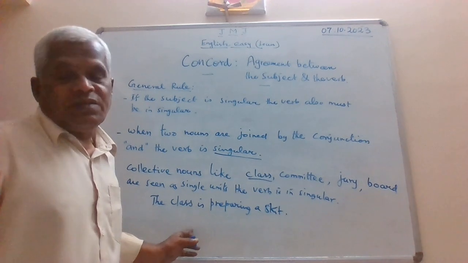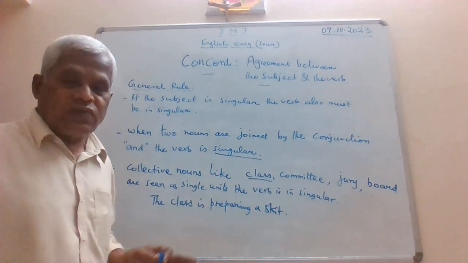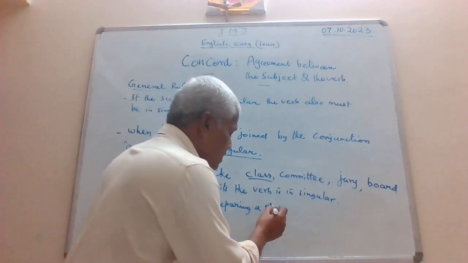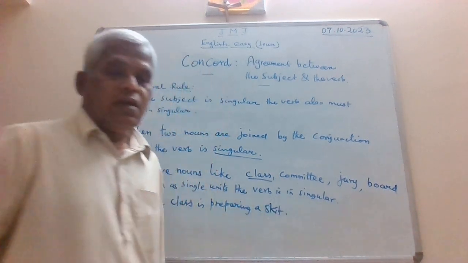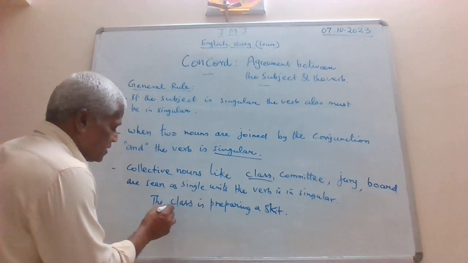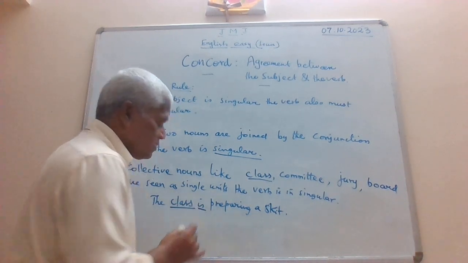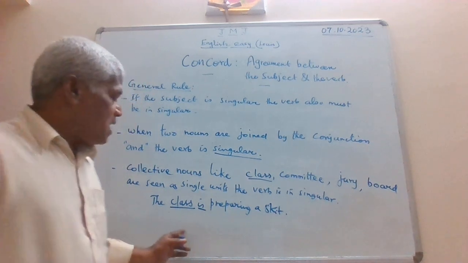The class means, what does it mean? Class is a group of students, which means that a group of students, they are preparing a skit, a program. Now, what is the subject here? Class. Your verb is. See, you cannot say the class are.